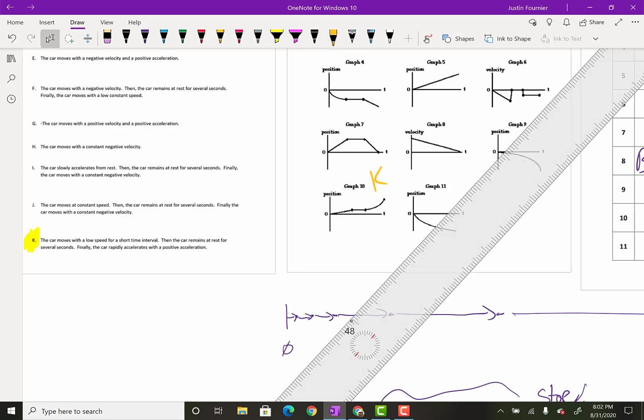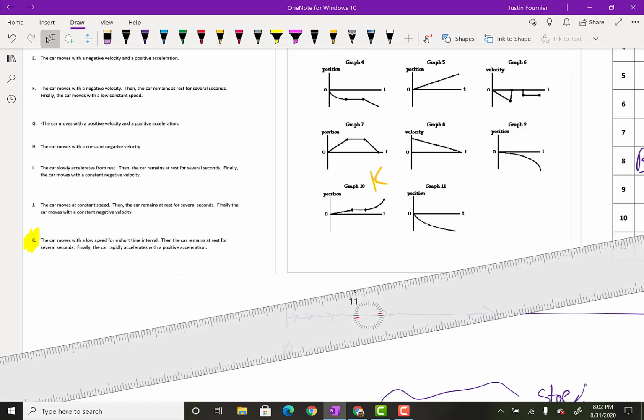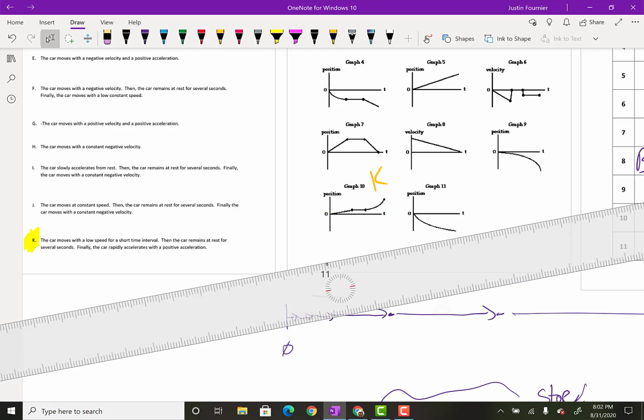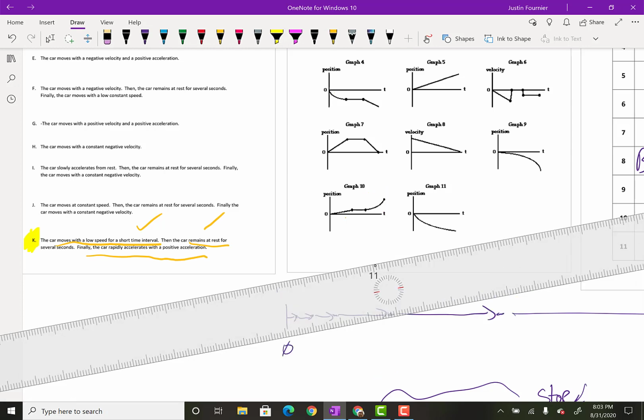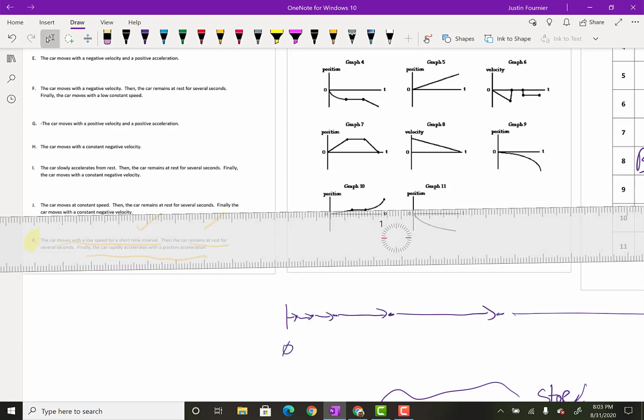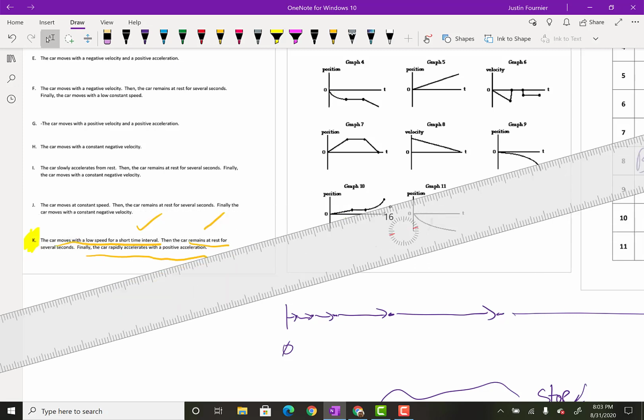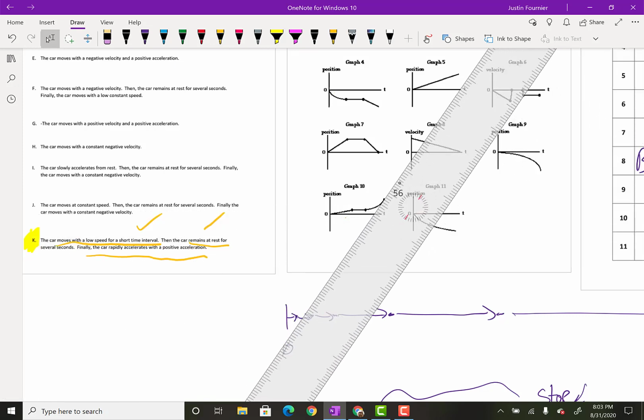So this one goes with K, because it's a position time graph. To get the velocity, it's the slope, and that is a low speed for a short time interval. Then it remains at rest. And lastly, it rapidly accelerates with positive acceleration. We see this curvature right here, which is associated with a positive acceleration of speeding up, because we start with a low velocity, doing the tangent line to the curve, and then we get a high positive slope.